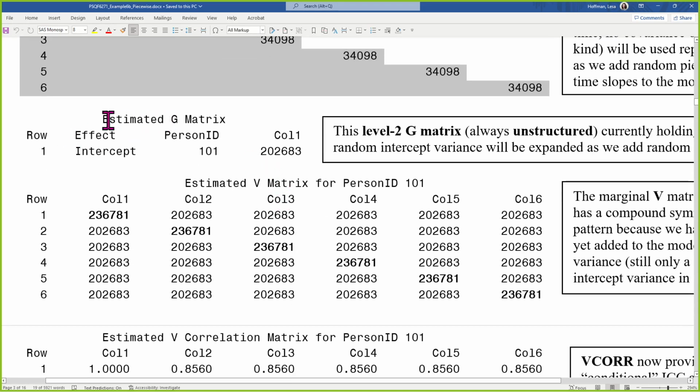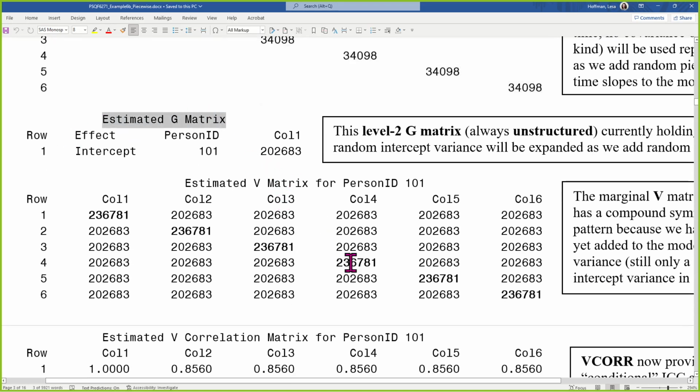G matrix. What goes in my G matrix? Level 2 variance. Yeah, level 2. Always feel free to read from the screen. It's always in here somewhere, in most cases. I only have one number here, so this isn't really a matrix, it's a scalar. Can I still call it a matrix?